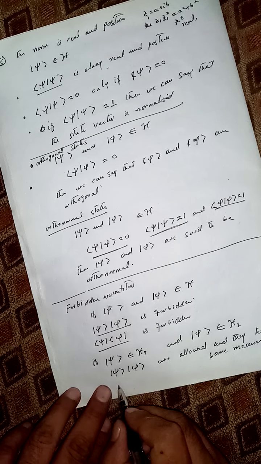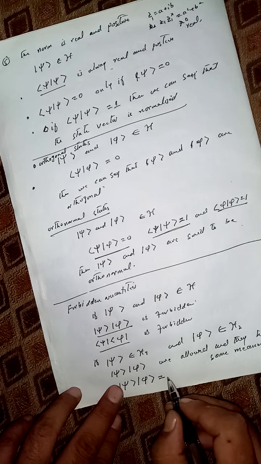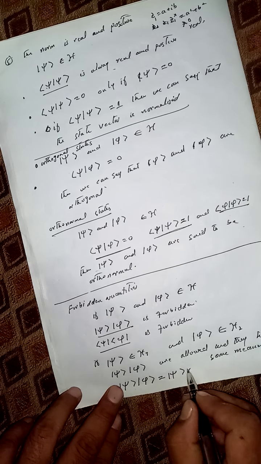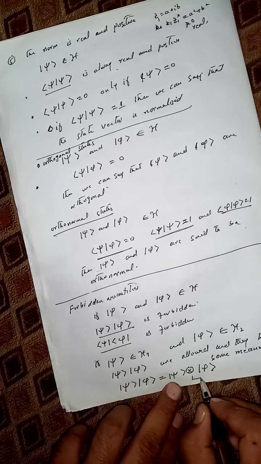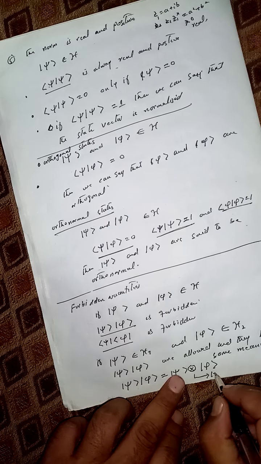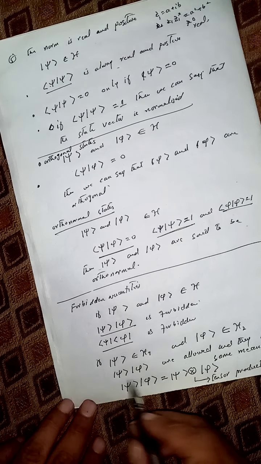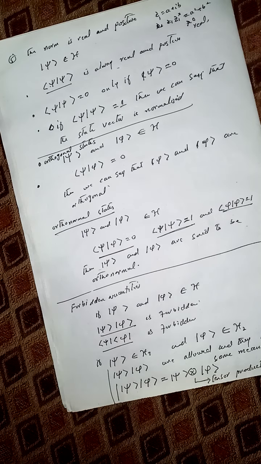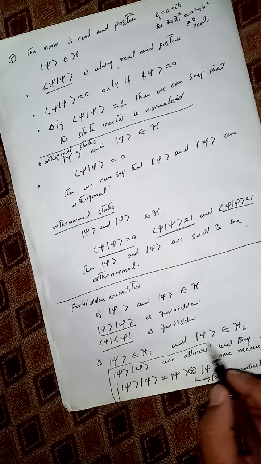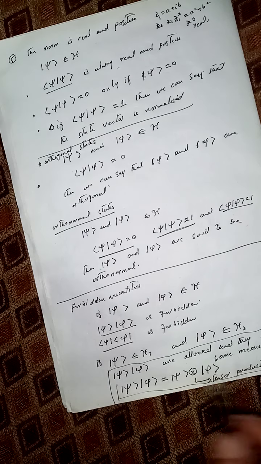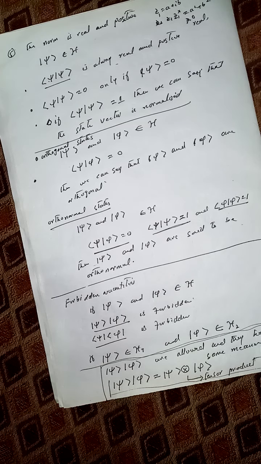What it means is that psi phi can be written as psi with this notation phi, and this is called the tensor product. But we are not going into the detail of tensor products here. We are just considering the state vector, so I will leave this one, and up to this point we discussed the properties of state vectors. Thank you.